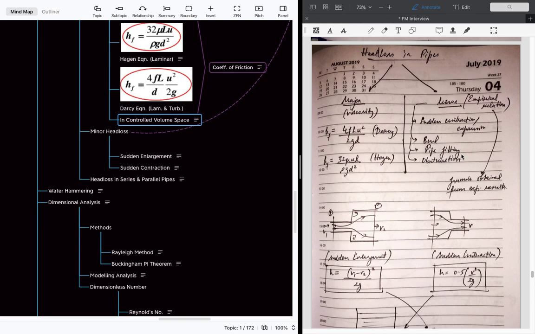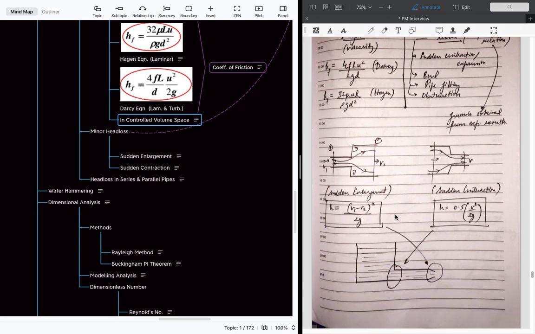And formulas for the minor head loss are basically derived from empirical relations. Empirical relation is nothing but experiments are conducted, and from the data of the experiments we create a formula. From that we find the head loss for these minor losses. So these are the minor losses: the sudden enlargement and sudden contraction. For this we can see that the head loss is proportional to velocity squared by 2g, and for this the head loss is half of v squared by 2g.